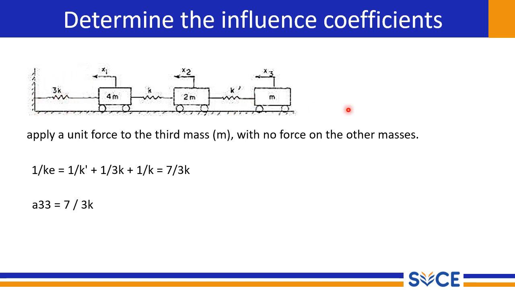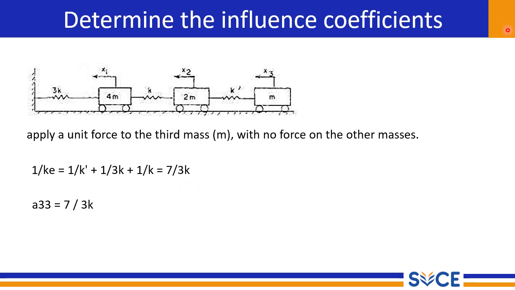Since this spring is pulling, this mass also moves, and so do the k and 3k springs. To find the equivalent, we sum the reciprocals of the individual stiffnesses, which gives 1 by k plus 1 by k plus 1 by 3k equal to 7 over 3k. Therefore, the deflection of the third mass due to a unit force applied to it, denoted A33, is the reciprocal of the equivalent stiffness, 7 by 3k.